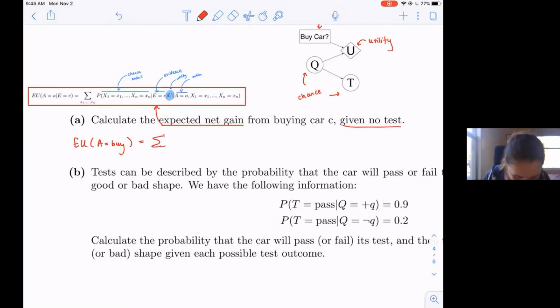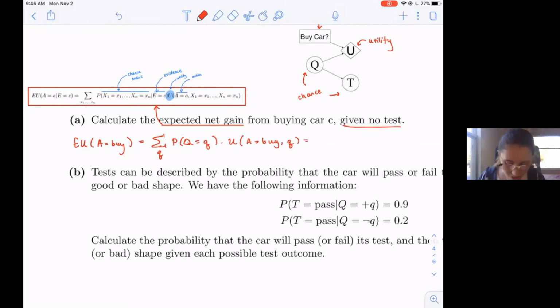So in this case, we're going to sum over Q, which is this chance node here that represents whether or not the car is in good shape. And we're going to compute the probability of Q, big Q, the quality of our car, equaling a particular value, little q, times the utility of taking the action buy, and q being a particular value of the car's quality.